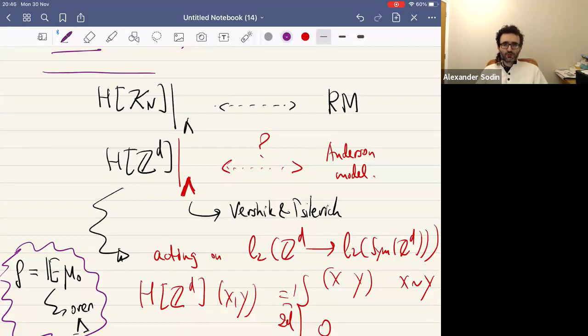You can try to do a strip, but it's somehow reminiscent of the hardest known case of Anderson localization with Bernoulli potential, because all the randomness here is discrete. So you should expect all the difficulties which you have in Bernoulli-Anderson, plus additional difficulties which have to do with the fact that you need to use some representation theory, which at least I haven't been able to do properly so far.